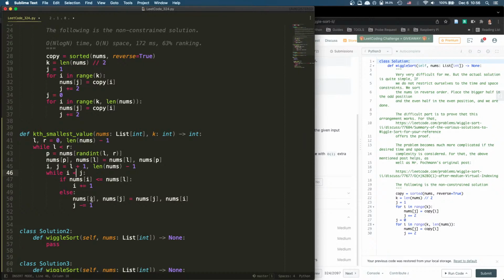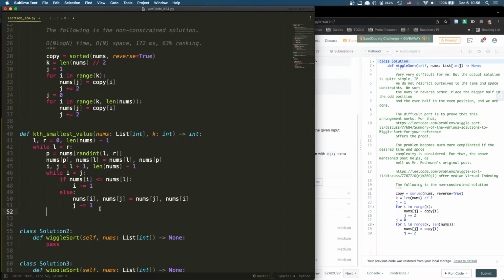So if I swap, j goes forward. Now they're equal, right? And they are equal. So in this case, I think when we get out, we need to check if nums[i], right?